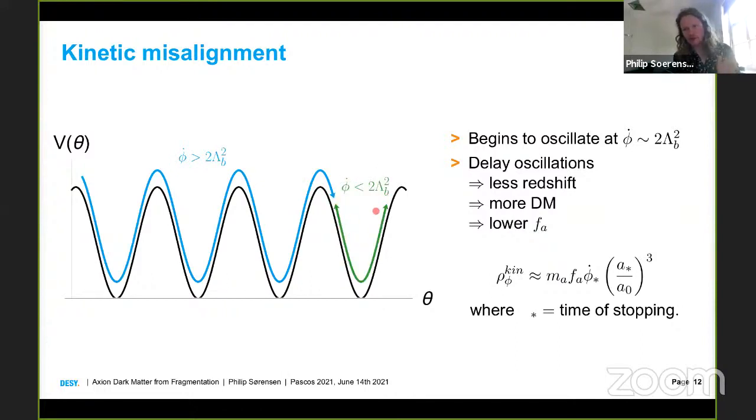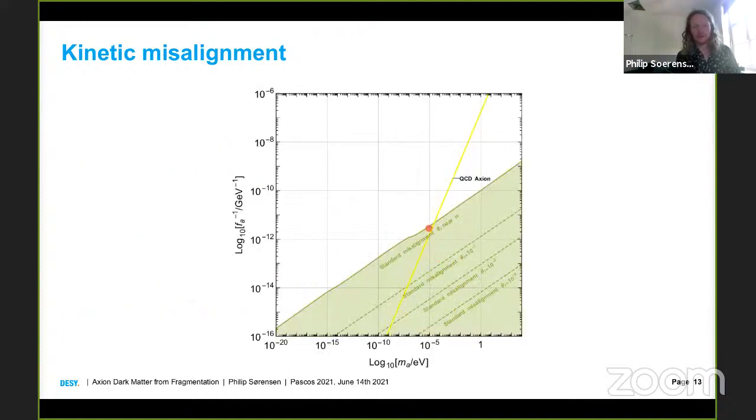Now, this can happen much later than it would have started to oscillate by conventional misalignment. So because it happens later, you get less redshift, that gives you more dark matter, and that allows you to go to lower Fa.